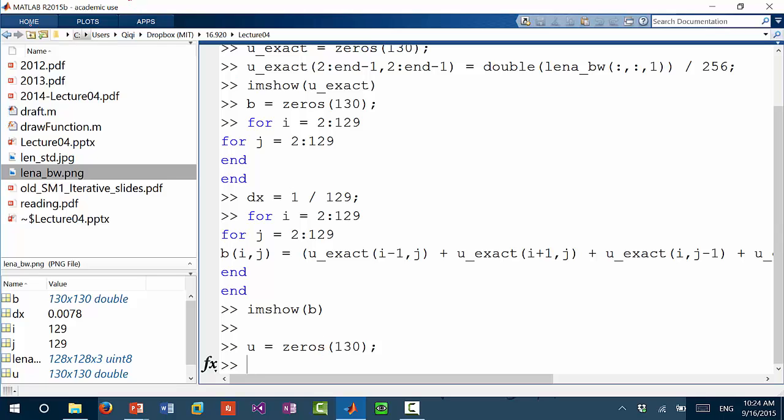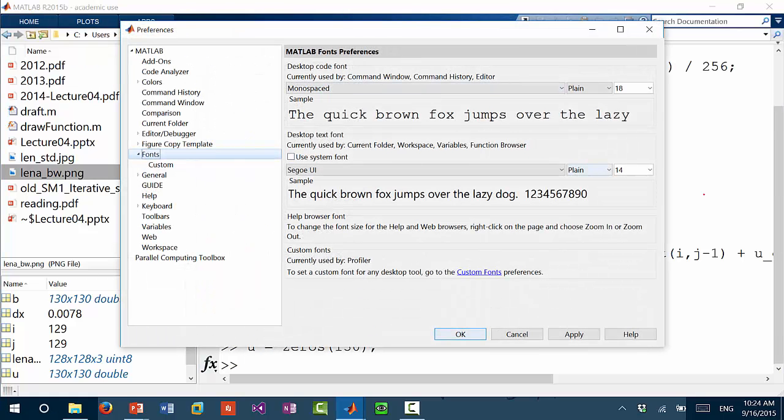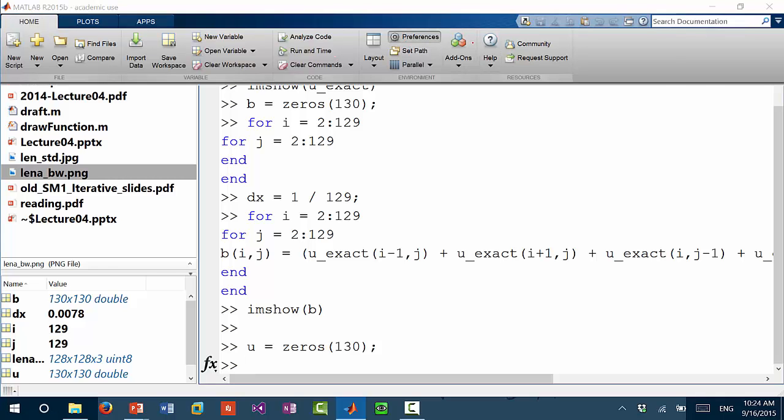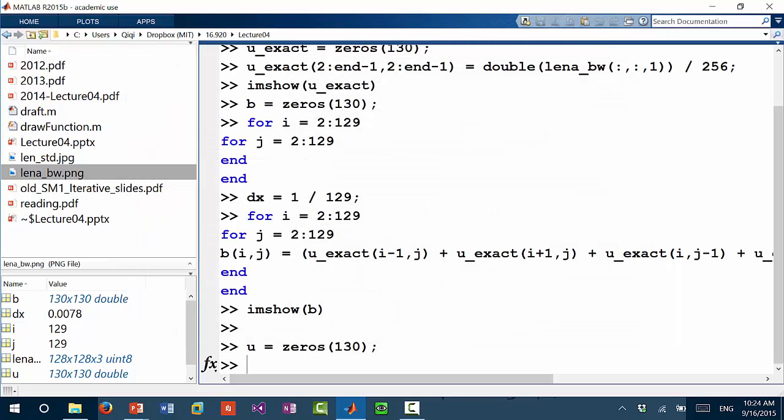Let me see, I think I can make the font a little bit clearer. Okay. Oh no, I didn't intend to make that bold. I want to make this bold. Okay, good.